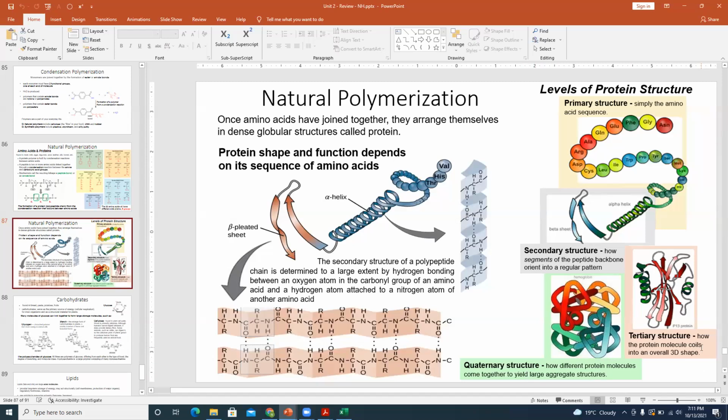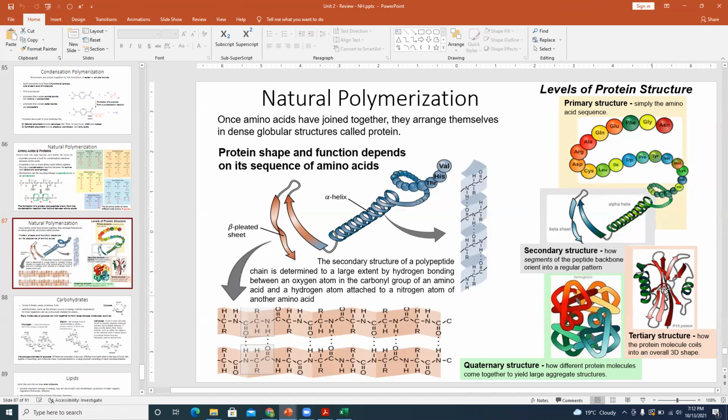Tertiary structure is how the protein molecule then coils overall into some three-dimensional shape. So you have some sort of packing of these alpha helical coils and these beta pleated sheets, and there's even some loops and some more flexible parts that attach them together, and they all kind of pack together to form a three-dimensional structure.